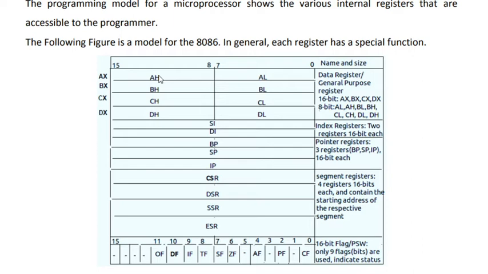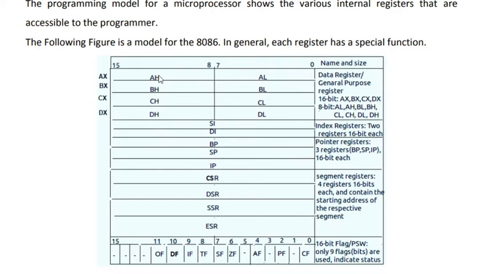Now, all of these four general purpose registers are 16-bit in length and can be further decomposed into 8-bit registers, or can be used as a collection of 8-bit registers. So AX has AH and AL as its 8-bit representation, BX has BH and BL, CX has CH and CL, DX has DH and DL as its 8-bit representation.